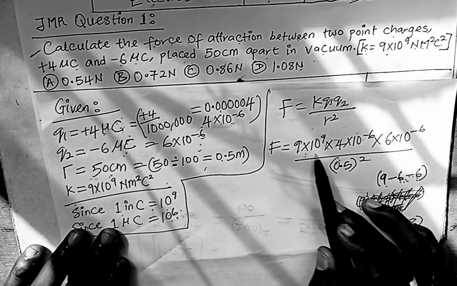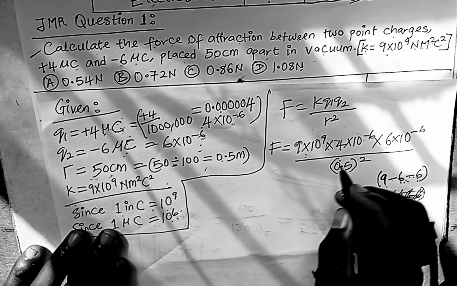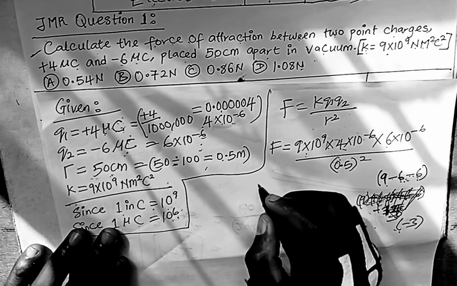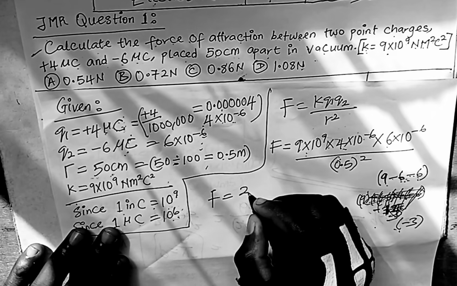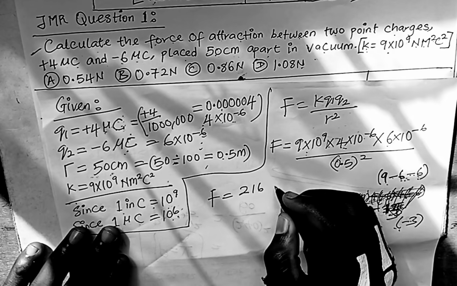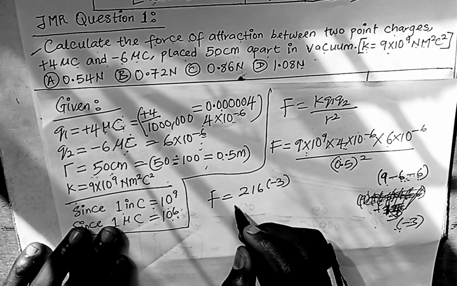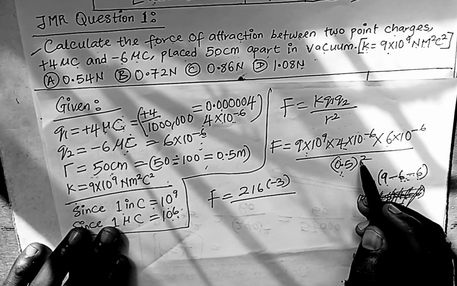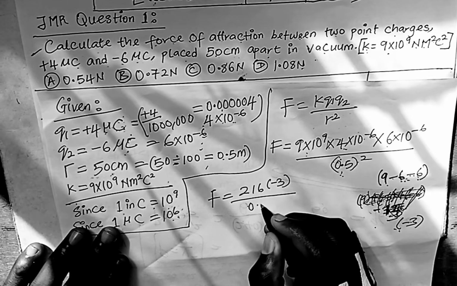If we simplify this, 9 times 4 times 6 will give us 216, then we put the raising power minus 3, over what do we have below? 0.5 times 0.5, we get 0.25.